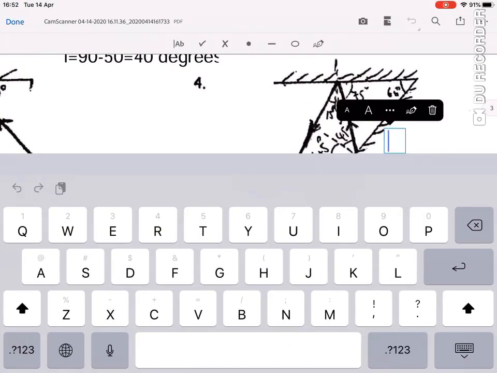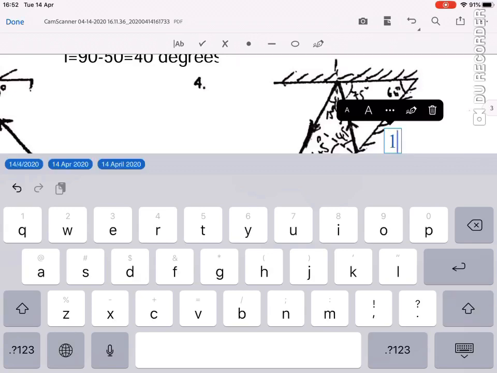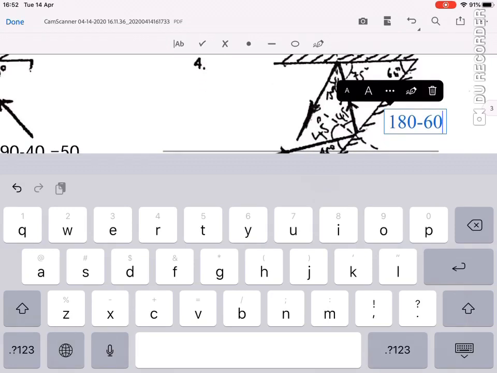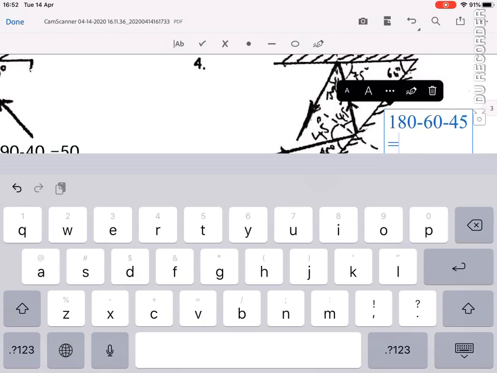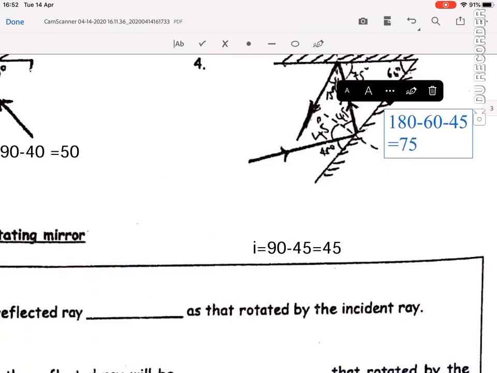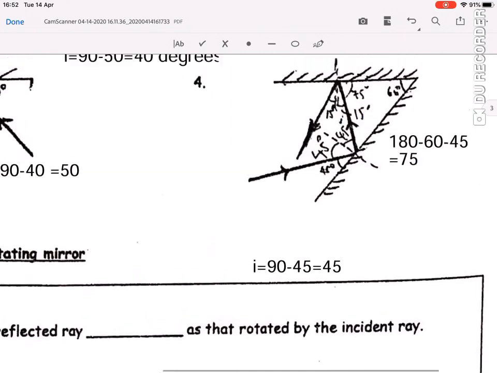In the top corner there, we got 180 degrees minus 60 degrees at the corner. But how about the corner next to it? You see the bottom part, it should be 45 degrees. And what do we get? That would give you 75 degrees. That's how we get the 75 on top.